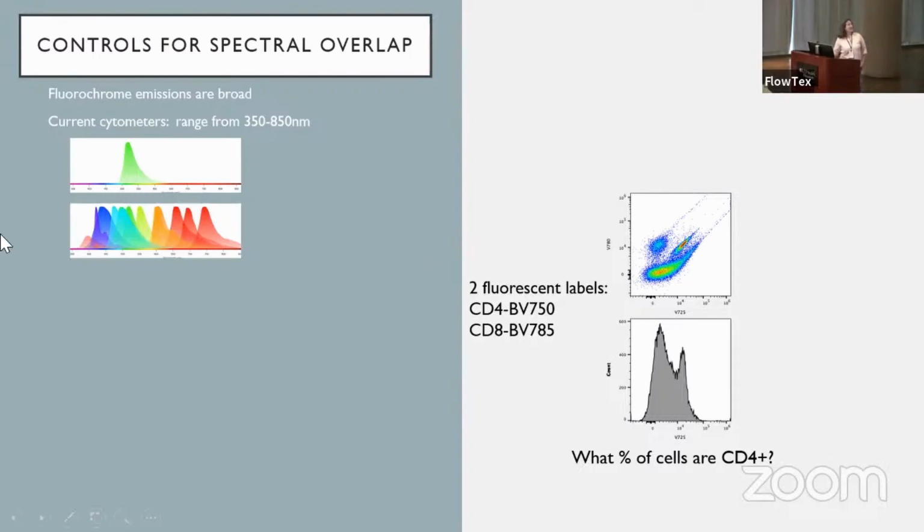I'm not going to spend any time on this, but I would point out to anybody, I get these questions, well, I put them all on different lasers, they're not going to have any spectral overlap. And I will remind everybody that of all these fluorochromes, remember, this is wavelength on the bottom. We're going from about 350 out to about 850. That's the usable space that we're using right now. There are very few of the fluorochromes that are less than 100 nanometers wide in their emission.